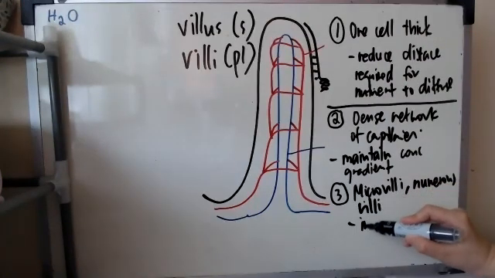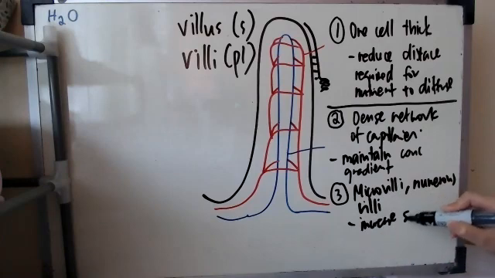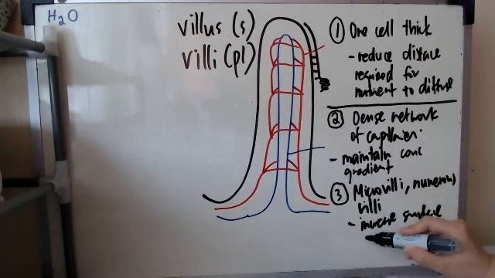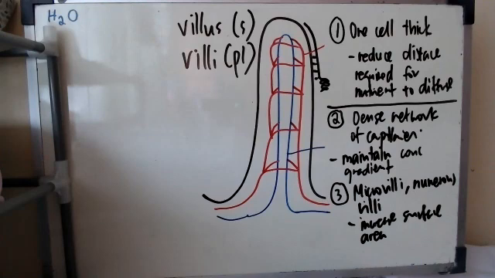This will increase the surface area to increase the rate of absorption of nutrients. Okay, so basically, this is most of it. These are the 3 structures of the villus.